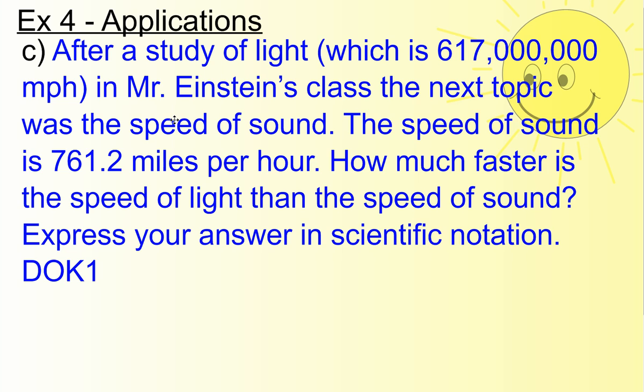The speed of sound is 762 miles per hour. How much faster is the speed of light than the speed of sound? Express your answer in scientific notation. So, try to find out how much faster the speed of light is than the speed of sound in scientific notation. Pause the video. When you're ready to continue, hit play, and we'll go through it together.